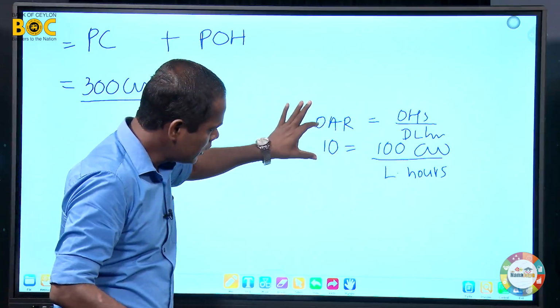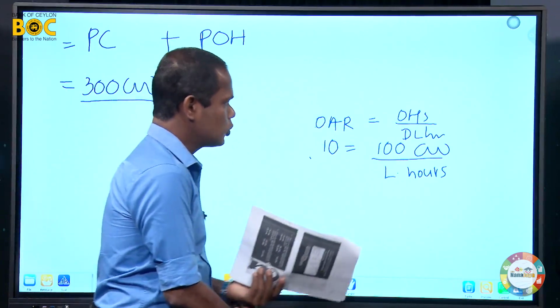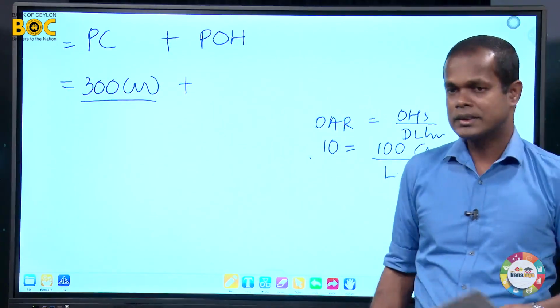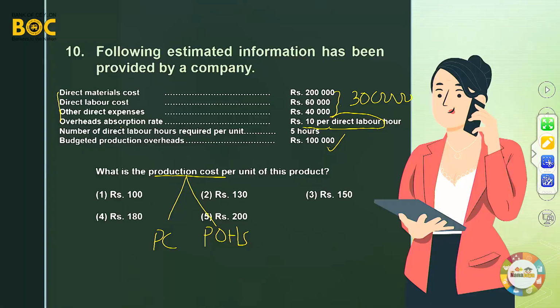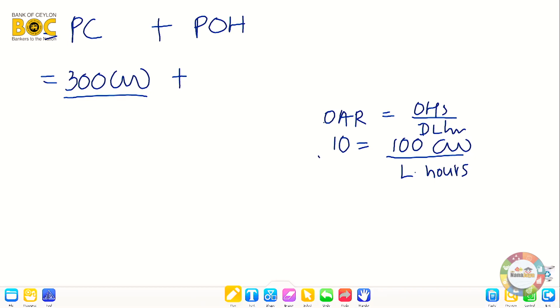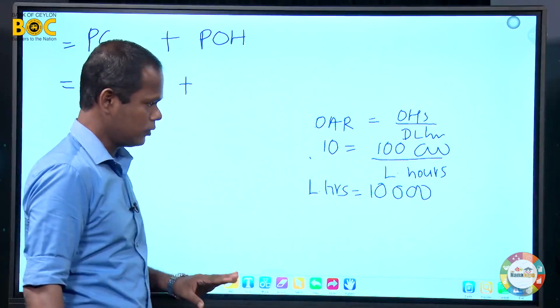The overhead absorption rate is 10, so it should equal total overheads, 100,000, divided by labor hours. So the labor hours are 10,000. But this is the number of labor hours, not the number of production units.